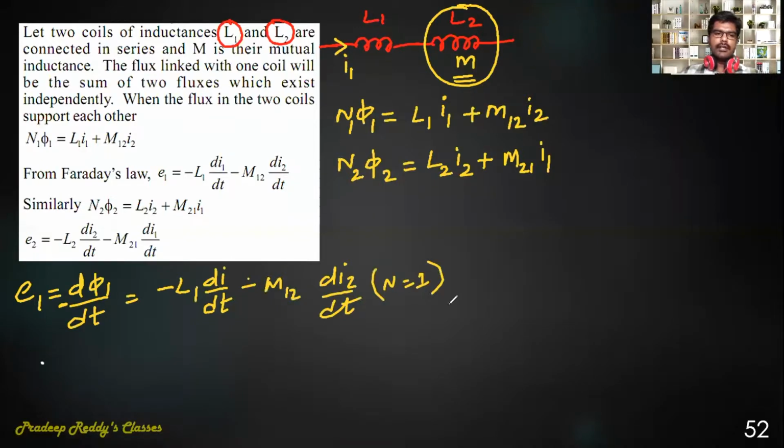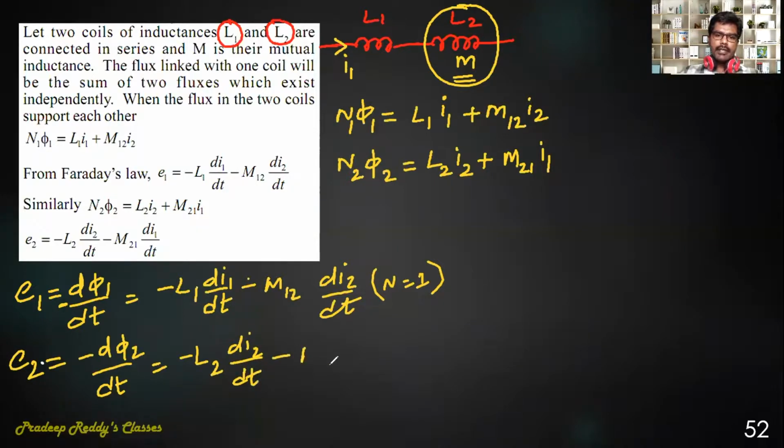Similarly, the EMF induced in the second one will be equal to minus d phi 2 by dt, which is minus L2 di2 by dt minus M21 di1 by dt. Here also I am taking N2 as 1, and N1 as 1.